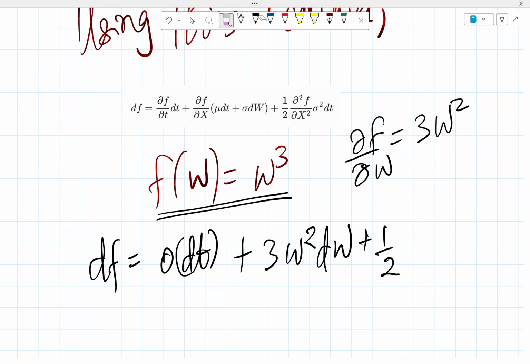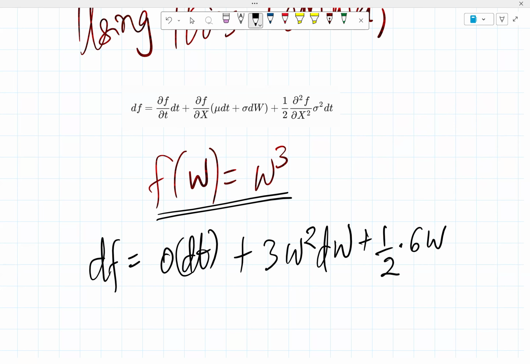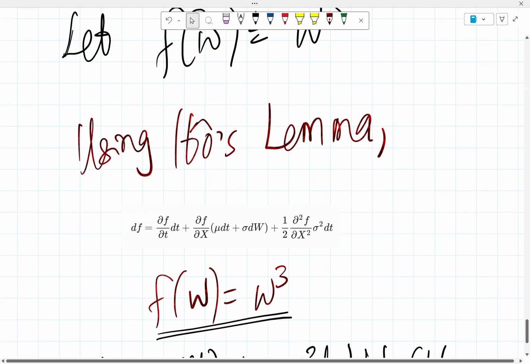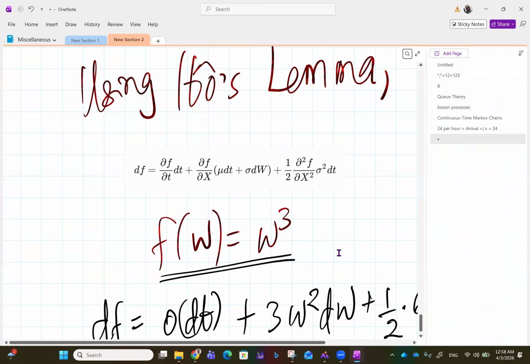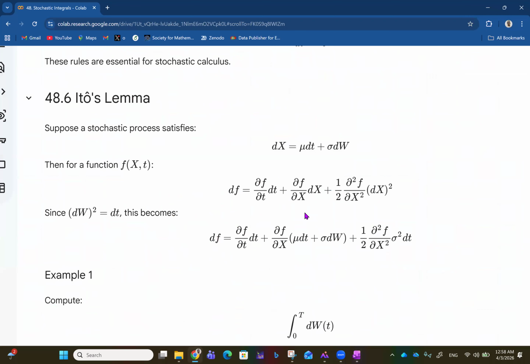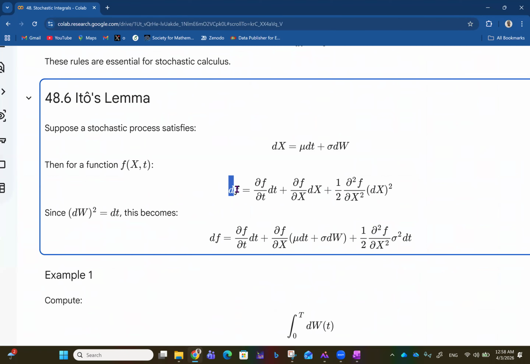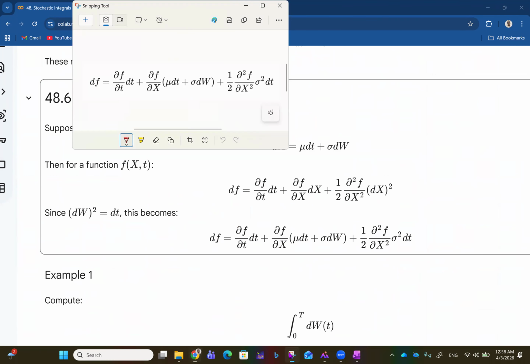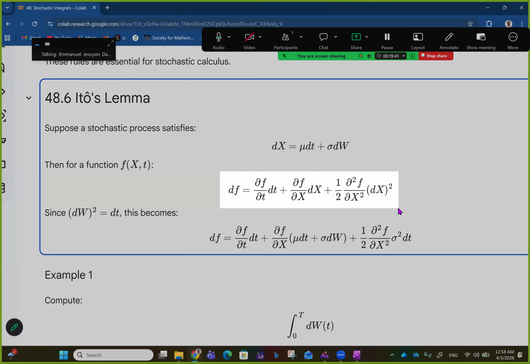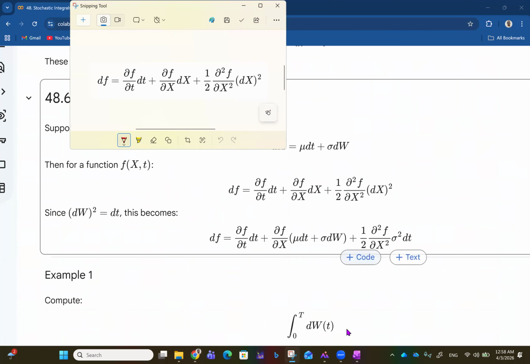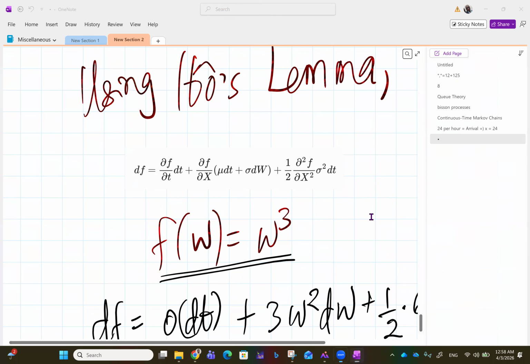So we then have half multiplied by 6w, then multiplied by... okay, I think the original form is what we are using here. Let me go back and look and take that. This was after everything has been simplified. So if we take the original one, that's what we have. I can copy this again and take it back here.